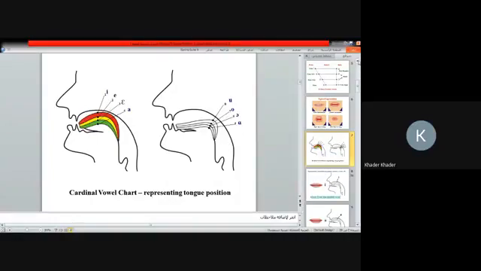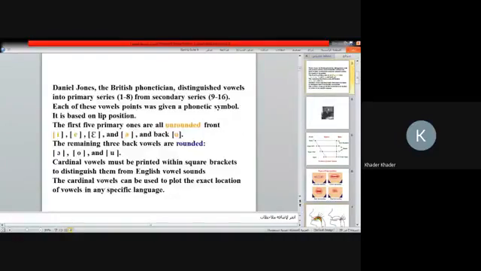Fine. Coming back to the description, Daniel Jones, the British phonetician, distinguished vowels into the primary series, 1 to 8, and the secondary series, 9 to 16. Each of these vowel points was given a phonetic symbol.